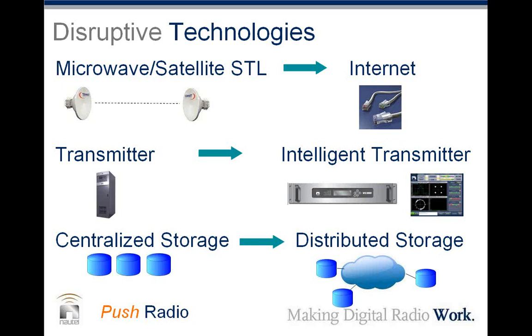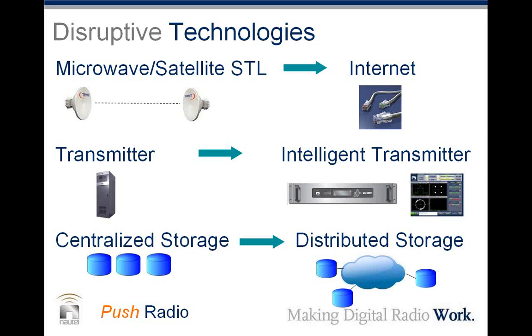It may be that you're using some sort of microwave STL, which is IP-based. We also have the transmitter moving potentially to an intelligent transmitter, and we'll talk more about what that involves, and the possibility of moving from centralized storage to distributed storage and the advantages therein.